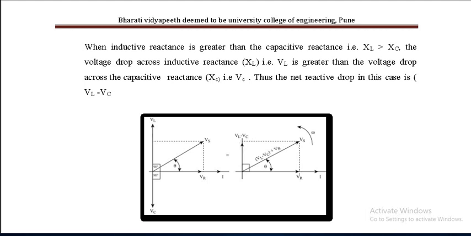You can draw the resultant as V, and this is the angle subtended with I. Always remember that the power factor angle is the angle between net voltage and net current, the total voltage and total current. The total voltage is the phasor sum of VL minus VC and VR. The angle subtended is phi, and that is the power factor angle. Again, cos phi is equal to R by Z, isn't it?